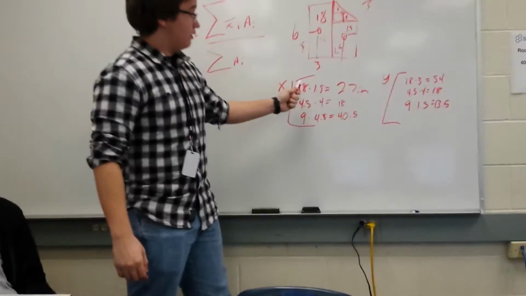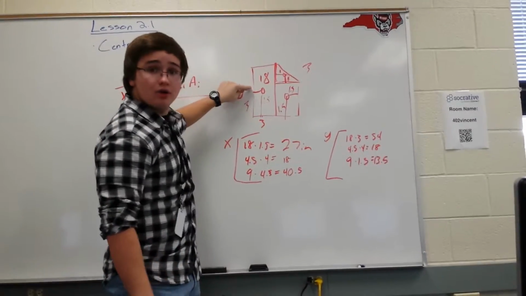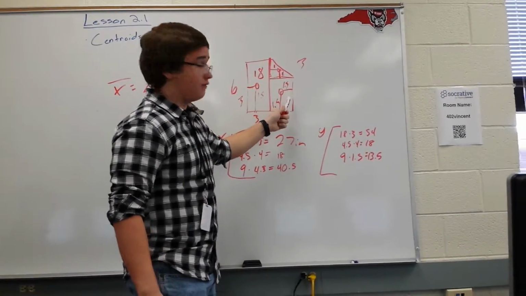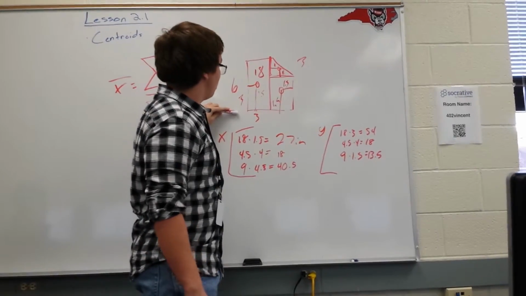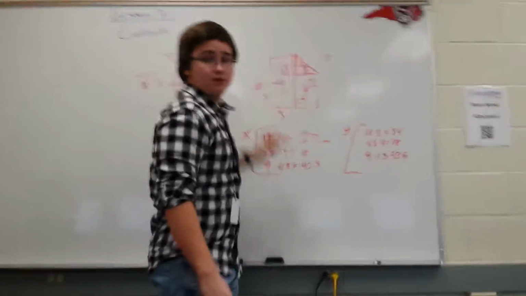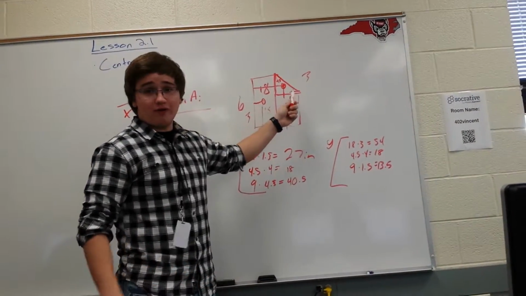So this is 18 times 3, which is 54. Then 4.5, which is the area of this one, times 4, because it is positive. I had messed up which shape was which. This is the 4.5, right?